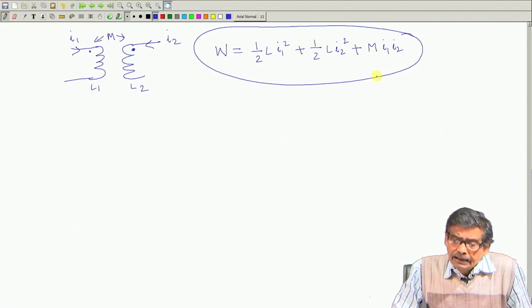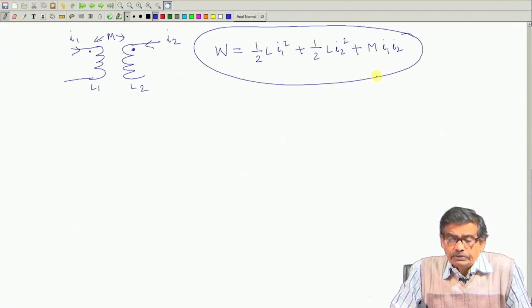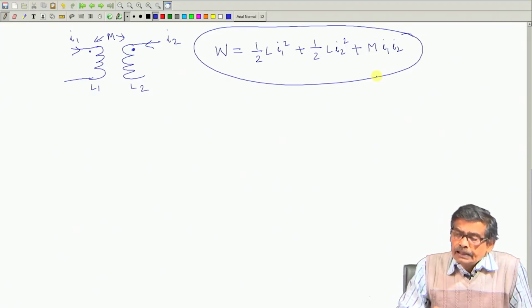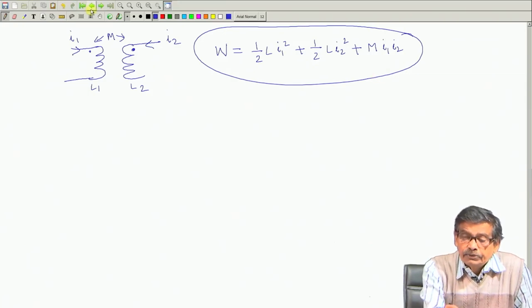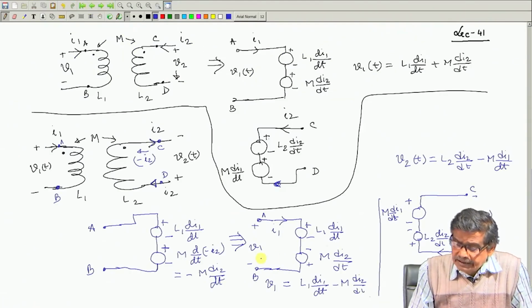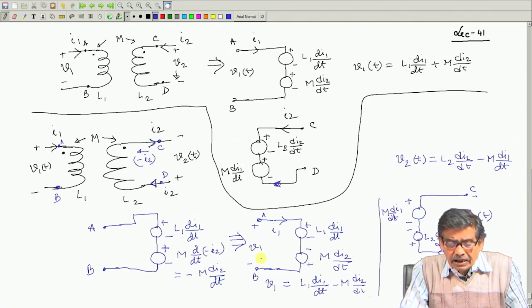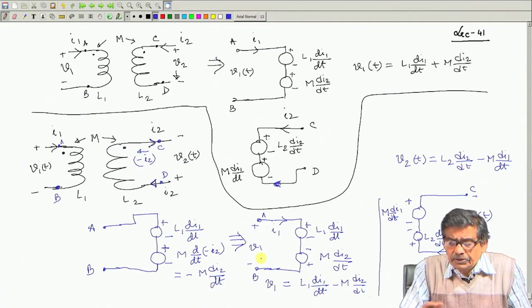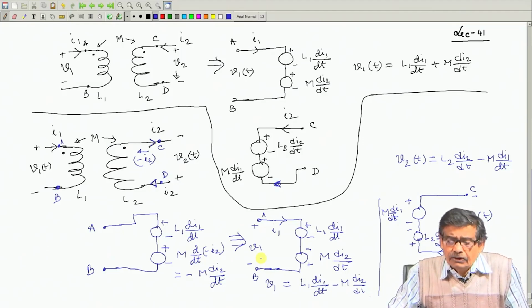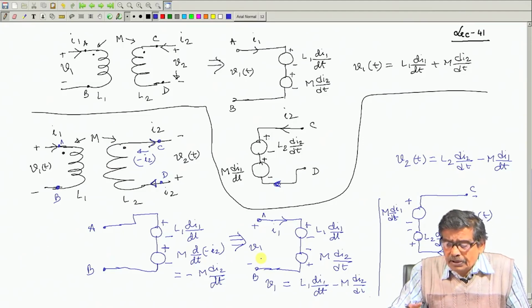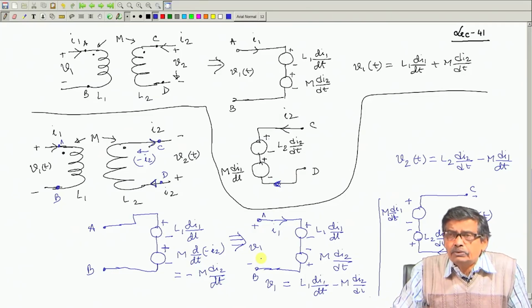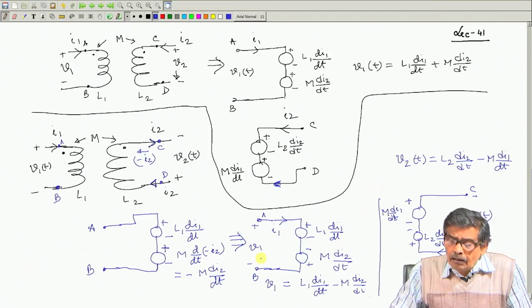Now, as I was always trying to tell you, these equations we have written are general equations in the time domain. For any voltages V1, V2 applied to both the coils, in time domain I will be able to find out the currents if the voltages are known, because I know how to solve differential equations. That was there.